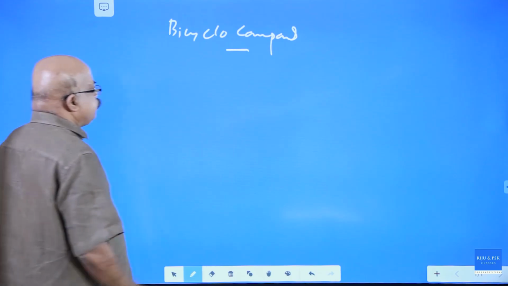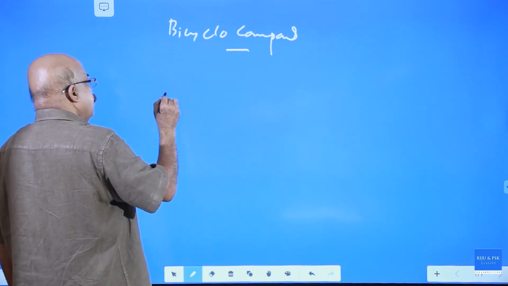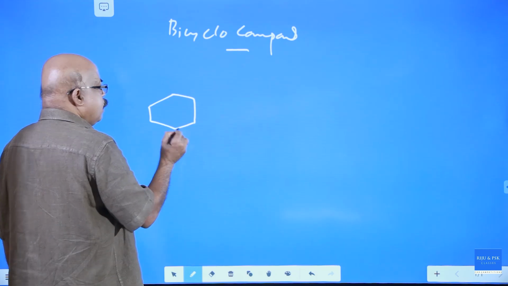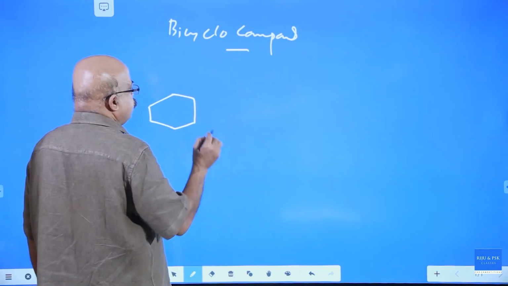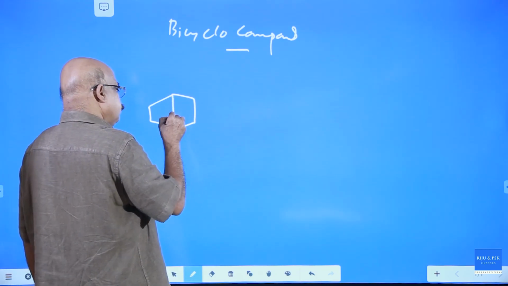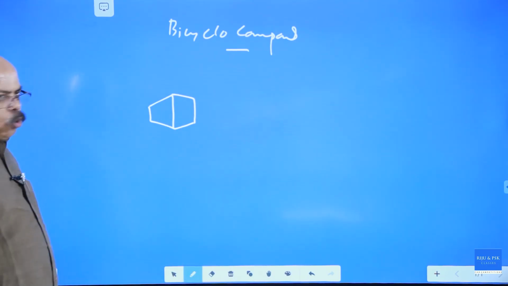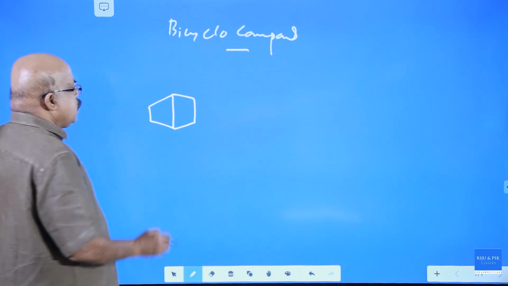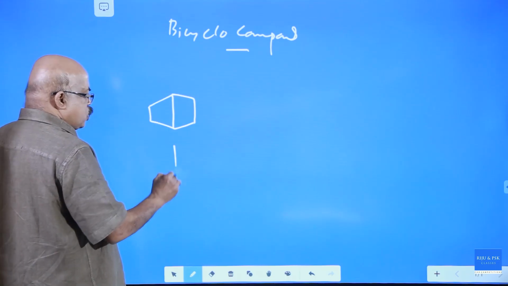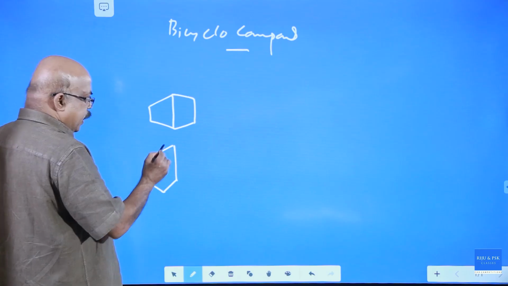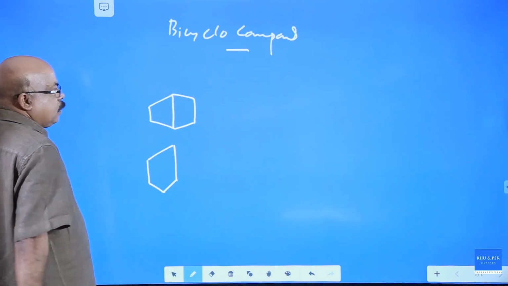Bicyclo compounds, see. This is a compound where this can be treated as a cyclic part.